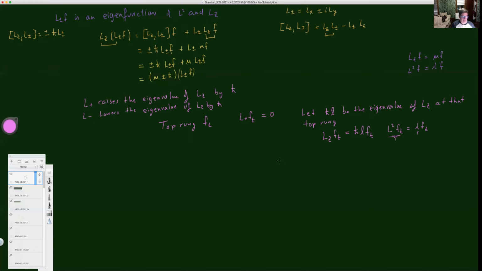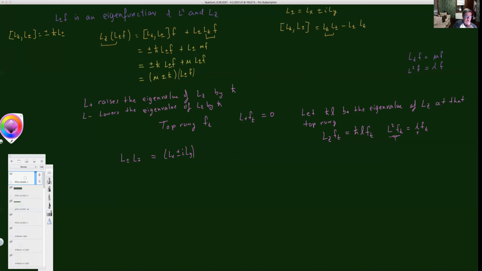All right, so to do that, I'm going to write L squared in terms of my raising and lowering operators, okay? All right, so remember, L plus, we haven't done this yet, but if we write L plus L minus times L minus L plus, probably going to get some squared terms in there and maybe be able to identify an L squared, okay? So let's see, what is that? It's Lx plus minus i Ly.